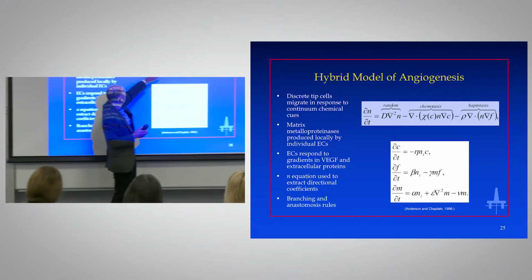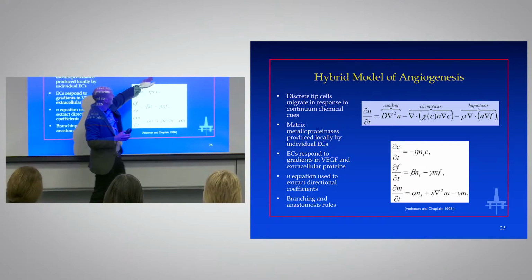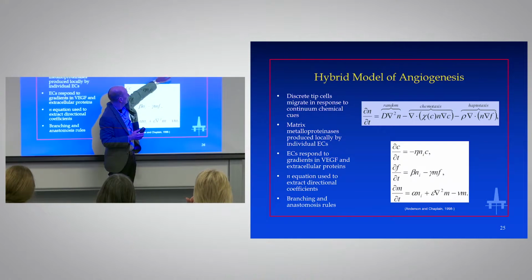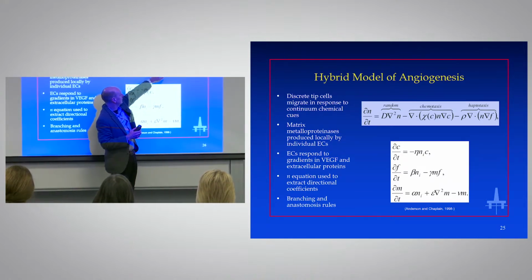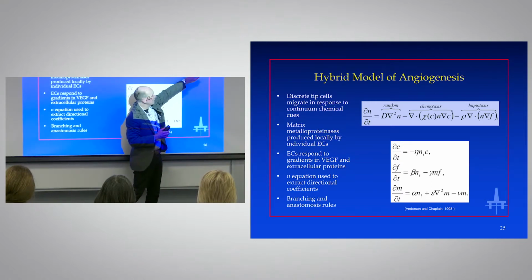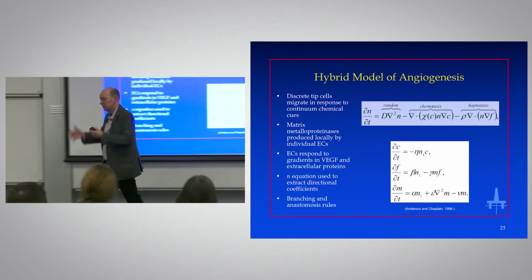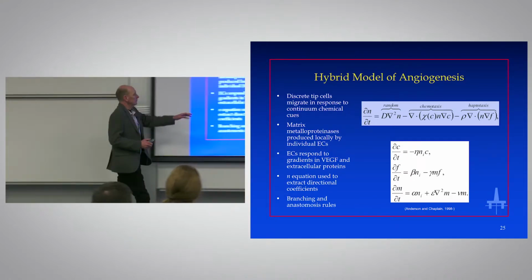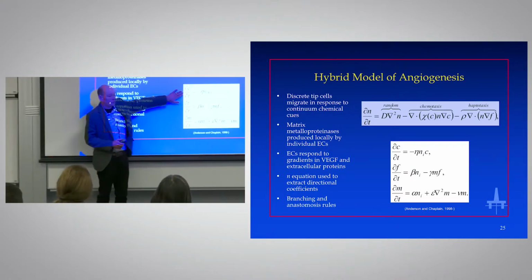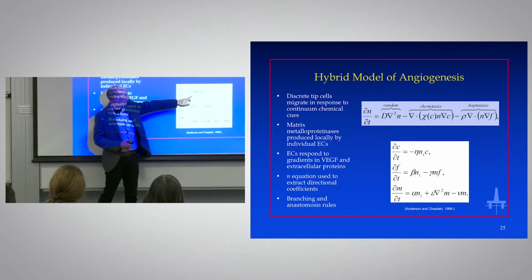There's a diffusion coefficient multiplied by some random motility. There's a chemotaxis term. This is the gradient in growth factor interacting with endothelial cell density. And this is the gradient in protein density interacting with the endothelial cells. This equation tells us that the growth factor itself is taken up by the cells.